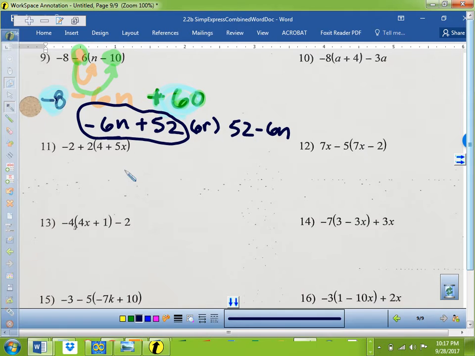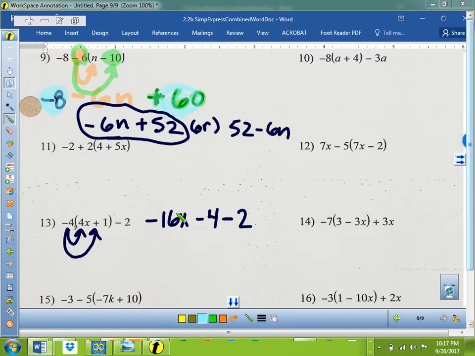So, okay, I'm going to pick up the pace. We'll do a few more. So let's skip to number 13. Number 13, you're going to go -4 times 4x. That would be -16x. And -4 times positive 1. It's -4. And then -2 is sitting around at the end. All right, so now I look at these and I say, do I have any like terms?